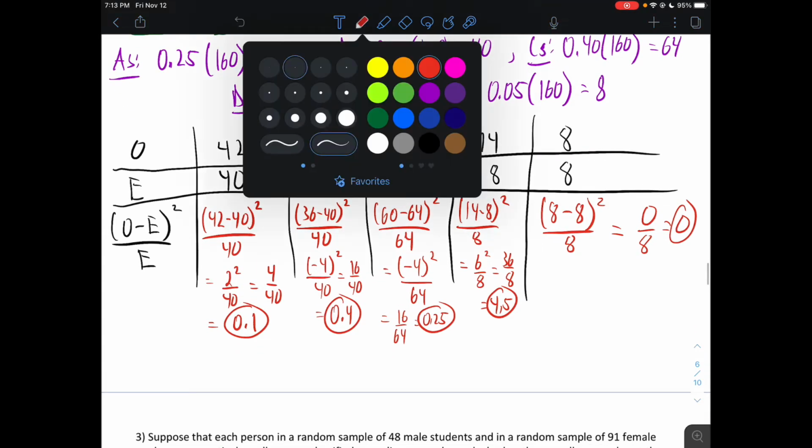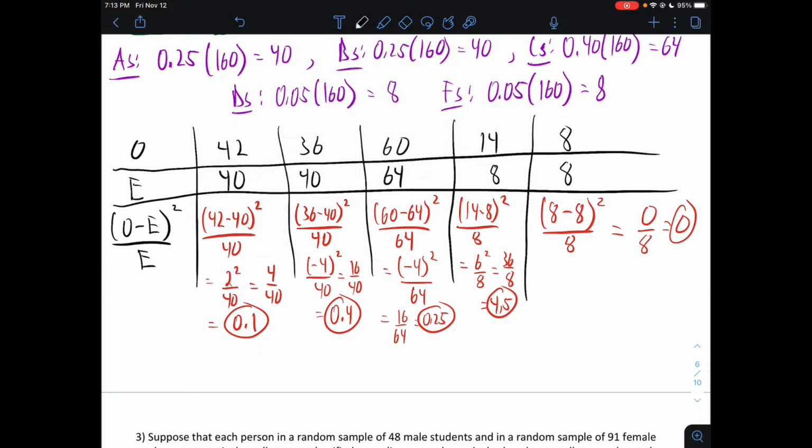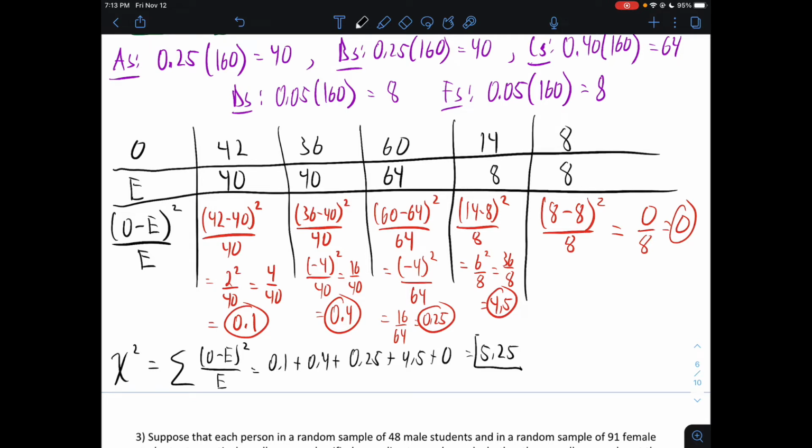So then my chi-square value is the sum, that's what that symbol stands for, of all of those things that we just calculated, which would be 0.1 plus 0.4 plus 0.25 plus 4.5 plus 0. And when you add all of those up, you get 5.25. And so that's your test statistic.